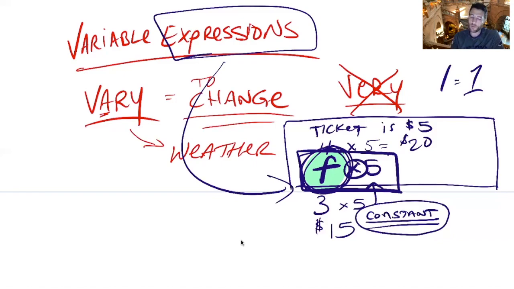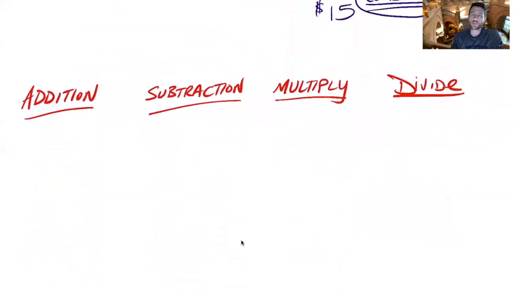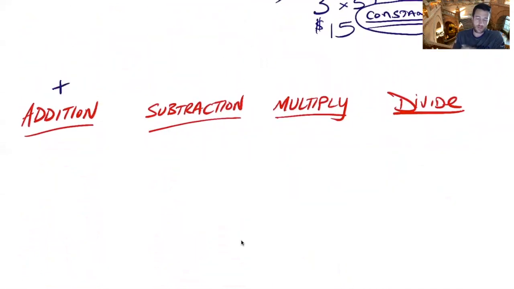Okay. So let's move down, because today you're going to write expressions. All right, and these are the 4 major math operations that we use on a daily basis: addition, subtraction, multiplication, and division. And we want to think of some trigger words that lead to these operations. So with addition, for example, if you hear the word sum, you probably know you're going to add.